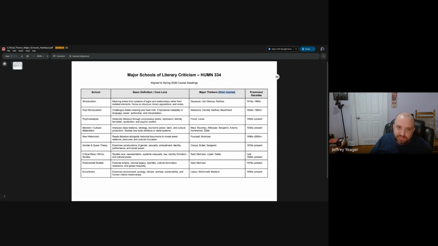And some of the earliest theorists that we'll read, people like the structuralists that we will read starting next week, a lot of this early theory is linguistics based. As the basic definition on this chart says, it asks questions like, whenever you read a text, how do you construct meaning out of the text? What do certain symbols mean?